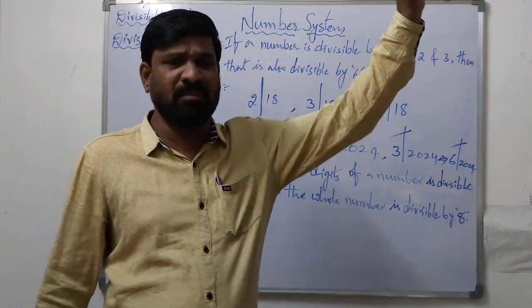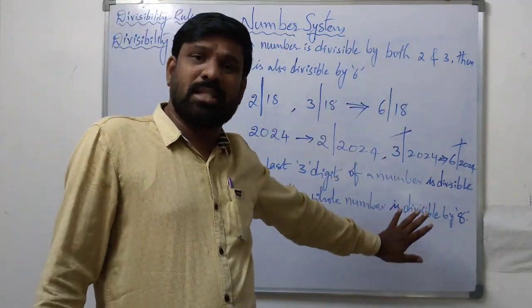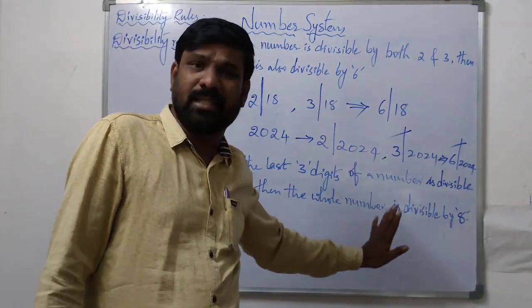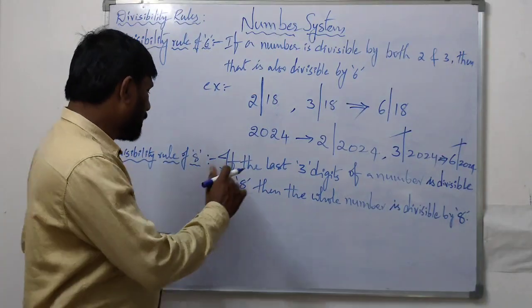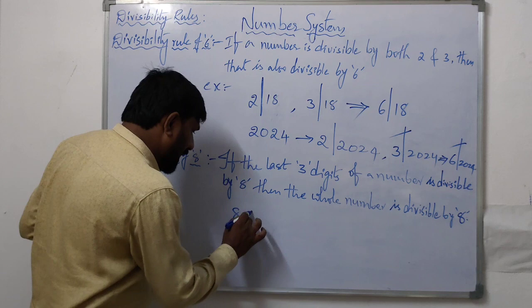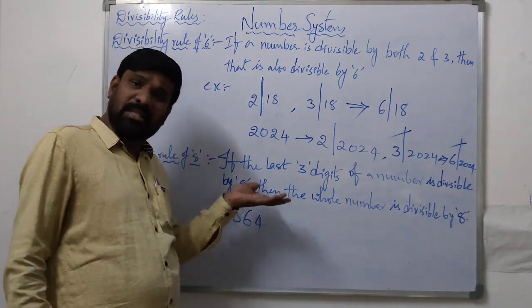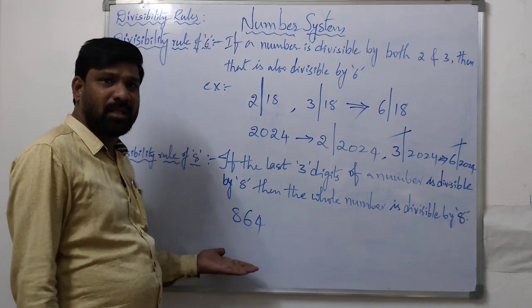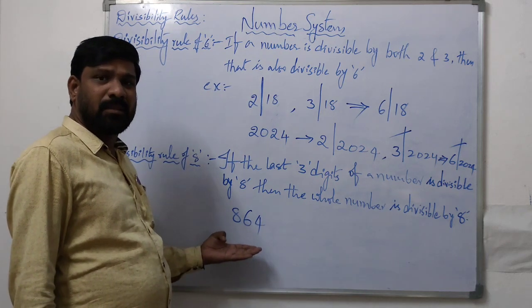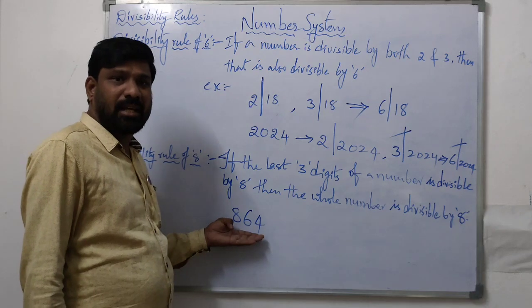Same problem, same formula. There were 2 digits there, here 3 digits. You take the last 3 digit number. Suppose 864, a 3 digit number. The last 3 digits are only this. Is this clear?